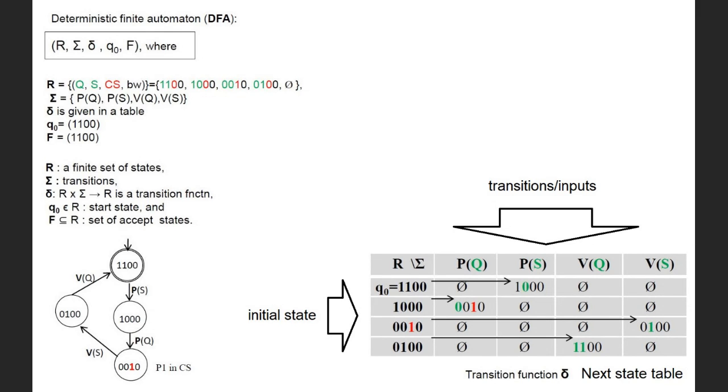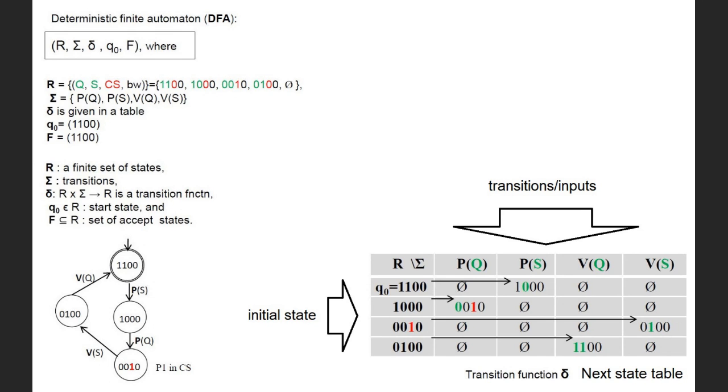We act with inputs on this machine, on states. Then we have a transition function, which means to what state the transition happens if we start with a certain state and we act with certain inputs or transitions. We have a start state, and we have certain accept states or not.